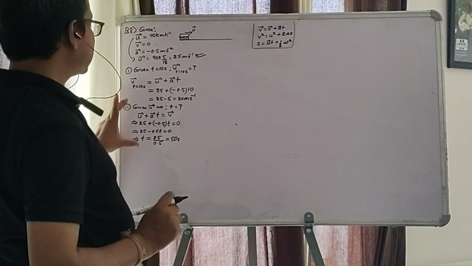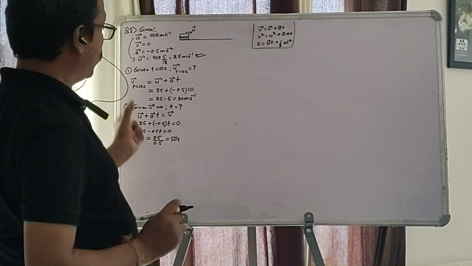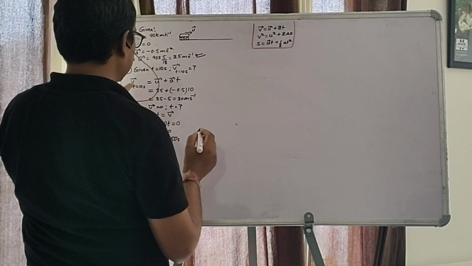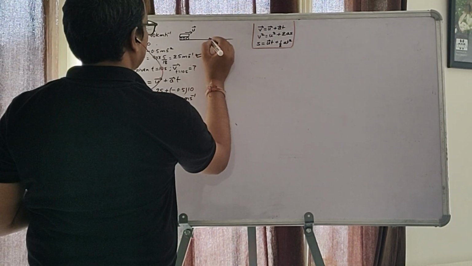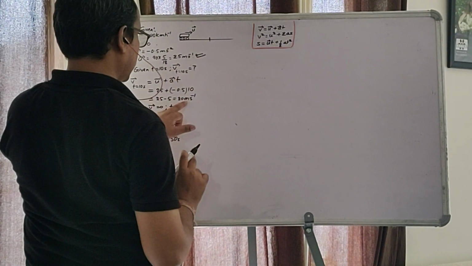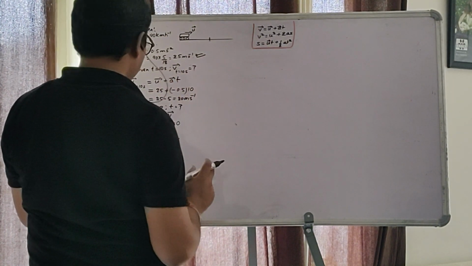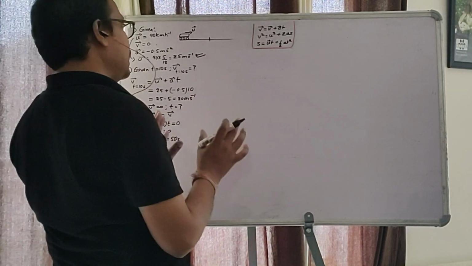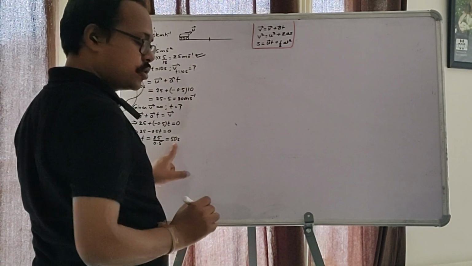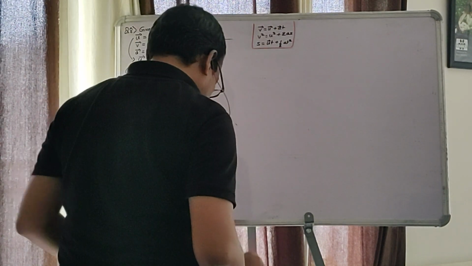So in 50 seconds, the train comes to rest. So brakes were applied. In the first part we were asked to find out the velocity of the train after 10 seconds, right? Which we found out to be 20 meters per second. And then in the second part we were asked to find out the time in which the train finally stops. The train finally stops at 50 seconds, right?